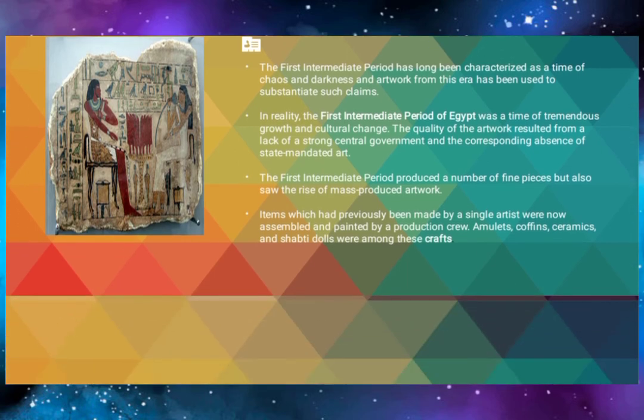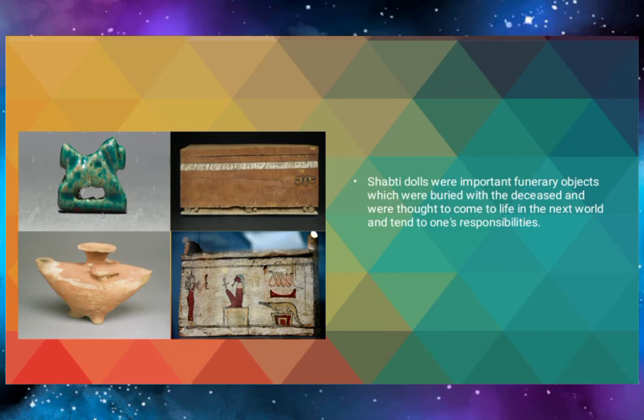Shabti dolls were important funerary objects which were buried with the deceased and were thought to come to life in the next world and tend to one's responsibilities. These were made of faience, stone, or wood, but in the first intermediate period are mostly of wood and mass-produced to be sold cheaply.